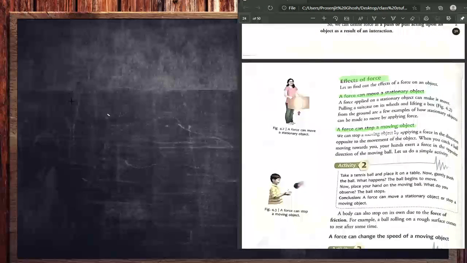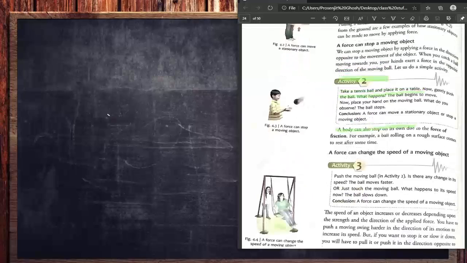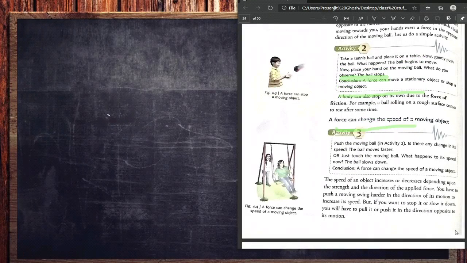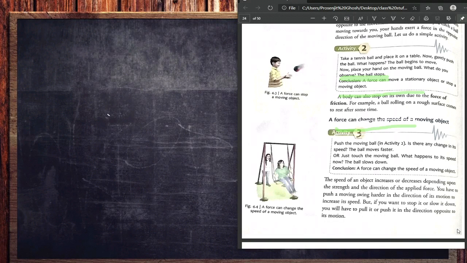Now, how many types of forces are there? There are basically two types of forces: one makes a gain of motion or energy, and the other makes a loss of energy. We will discuss that further, but before that, we will talk about the change of speed of a moving body.